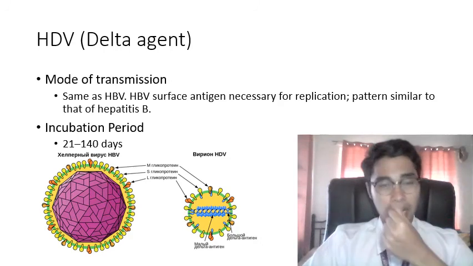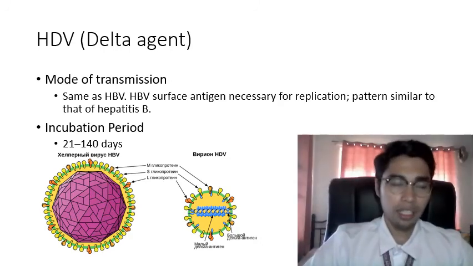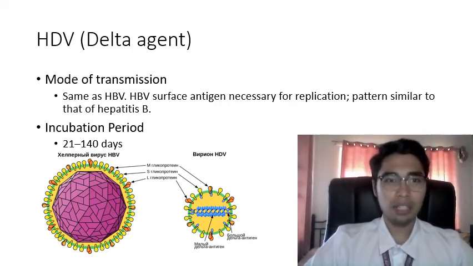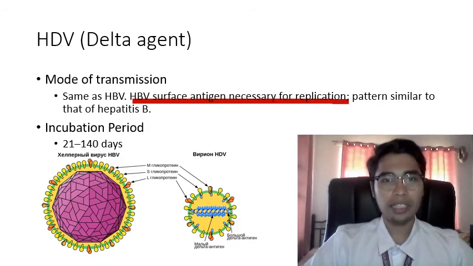Now, the Delta agent, hepatitis D virus. Mode of transmission is the same as hepatitis B virus. HBV surface antigen is necessary for replication. Actually, I was wrong earlier when I said we need a hepatitis B vaccine to prevent hepatitis C. I miscommunicated.